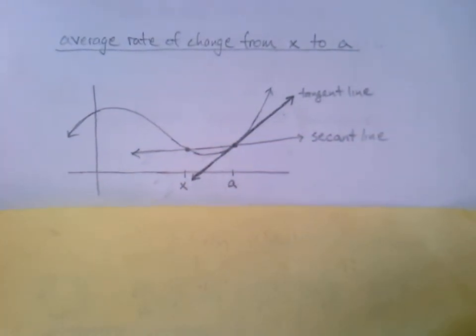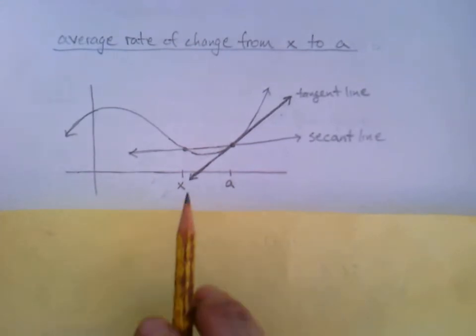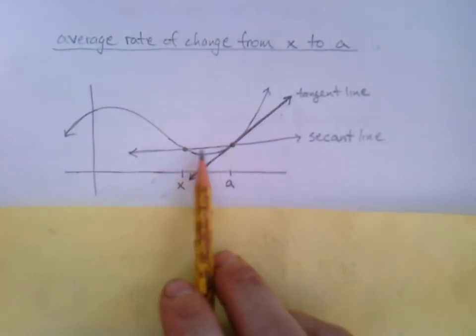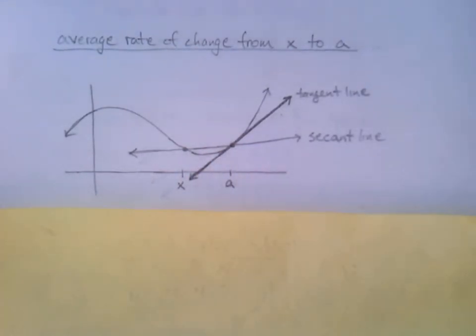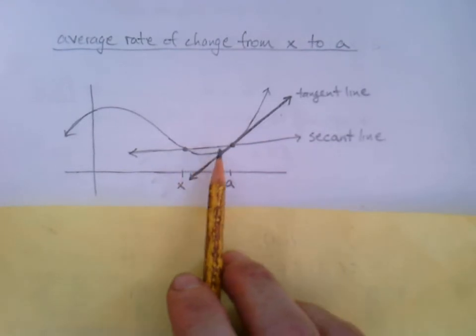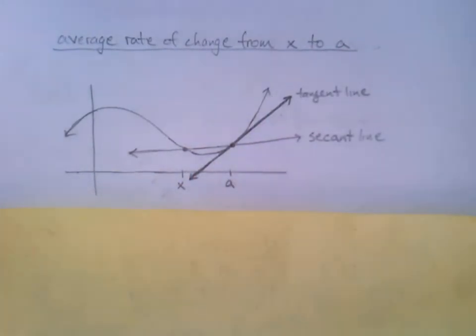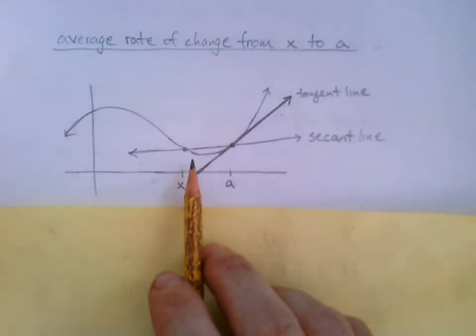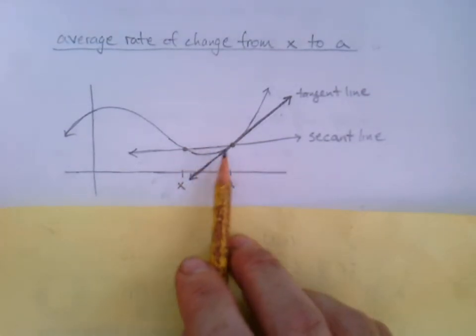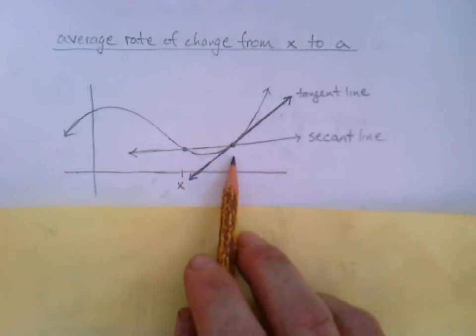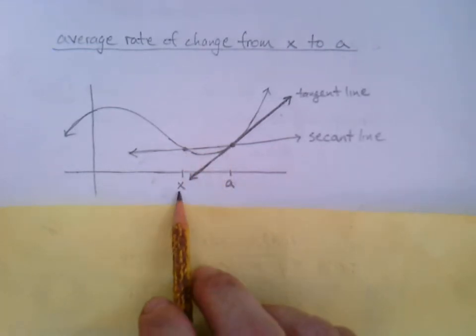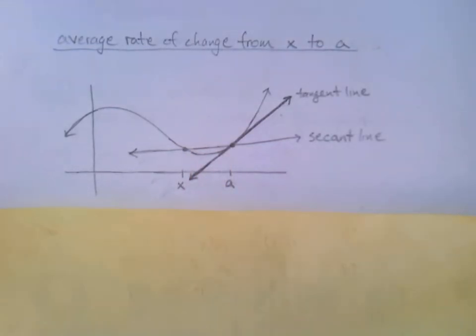Typically when we think about slope, we think about connecting 2 points on the xy plane. So I've drawn 2 points. I tried to draw that same function again, and then I identified 2 points on the curve. One of them is at a, and then one further back this way I just called x.